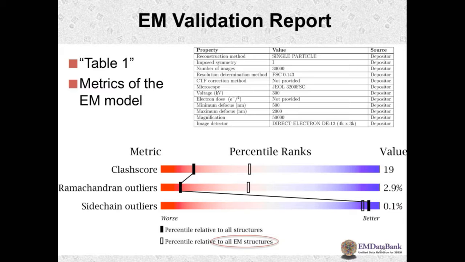Okay, I see the heads nodding, so you're familiar with this. But there aren't really enough EM structures to be able to do anything like that. So in the future, probably that will change. This particular structure did pretty well with its side chain outliers. Pretty good.